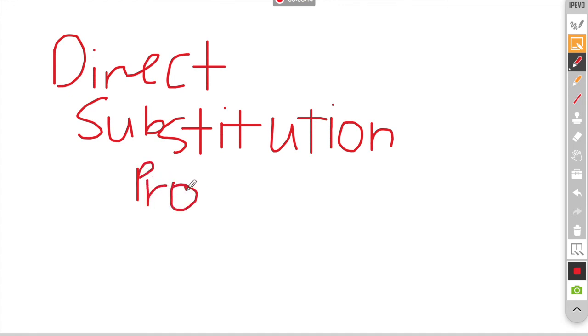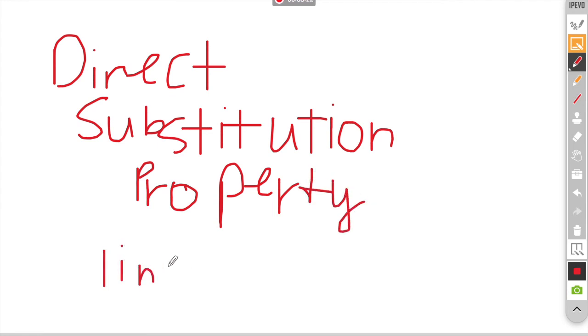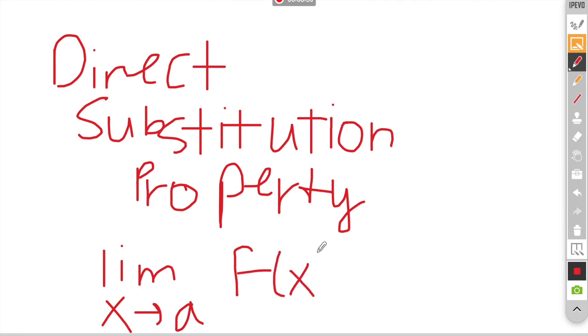But this one is the most important one, the direct substitution property. That means the limit as x goes to a of f of x equals f of a, because when you have this type of situation, you are plugging in a for x. That's why you get f of a.